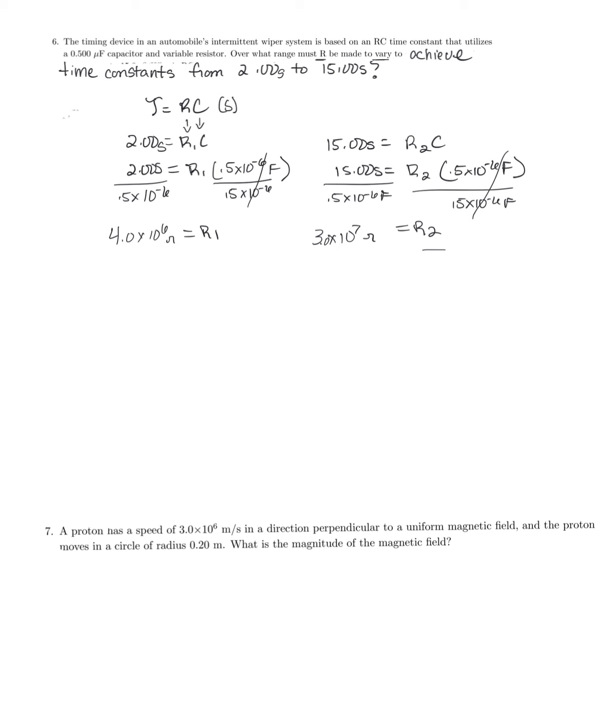Okay, so what we need to do is we need to have a varying resistance from 4 times 10 to the 6 ohms to 3 times 10 to the 7 ohms.